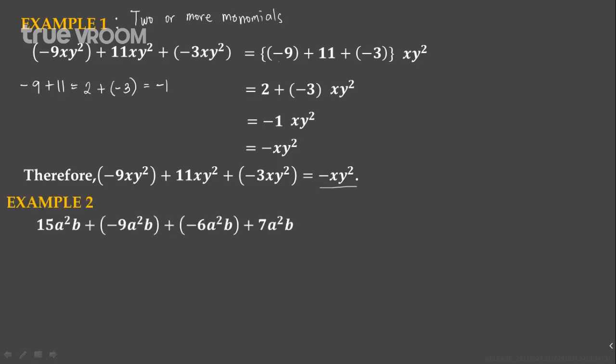Another example, we have 4 monomials. Okay, who can answer this? Example 2. Muchi, okay, follow the steps here in example 1. What will be our next step?